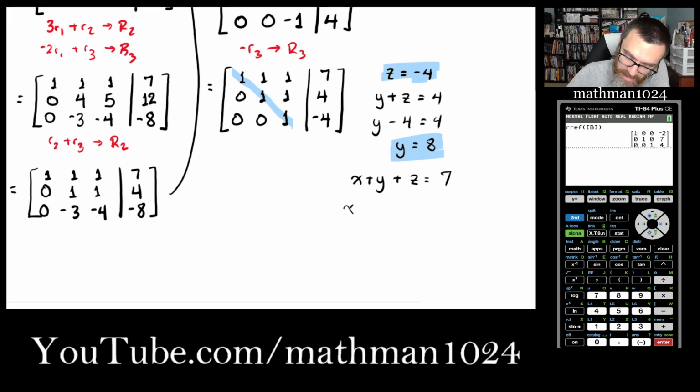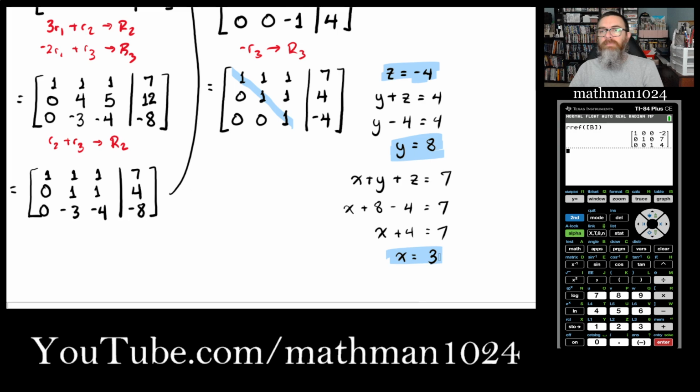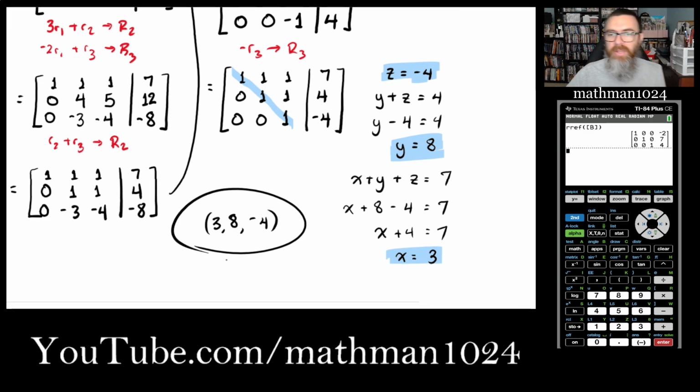All right, so that means x plus 8 minus 4 equals 7. So x plus 4 equals 7, which means x equals positive 3. And we've got the ordered triplet. So that's x, y, z. That's 3, 8, negative 4.